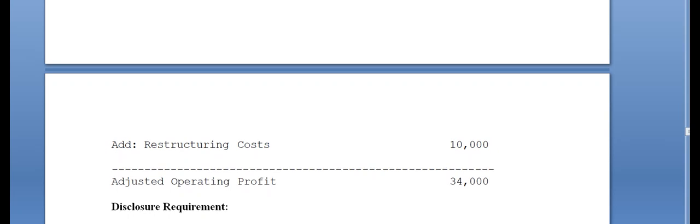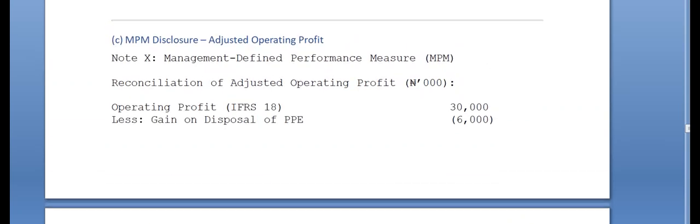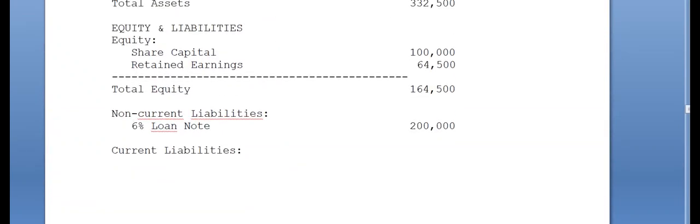Now, why are you adding restructuring costs? I thought somebody is going to ask me that. Depreciation. How much is that depreciation, please? Can anybody still remember? Why are we adding back restructuring cost?